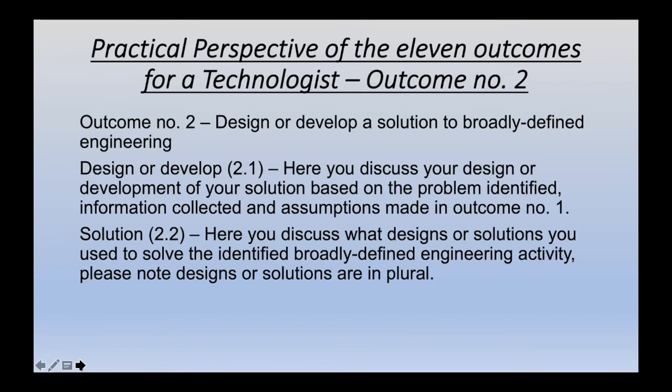So solution, item 2.2. Here you discuss what designs or solutions you used to solve the identified broadly defined engineering activity. Please note, designs or solutions are in plural. So you don't just discuss one, you discuss maybe 2, 3.